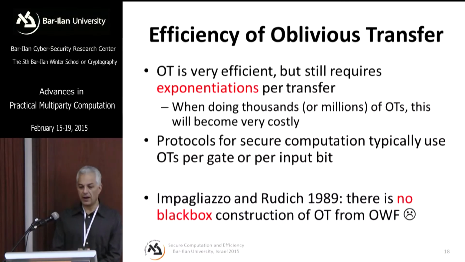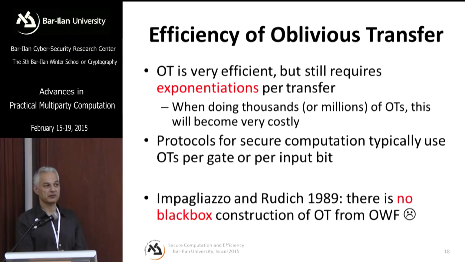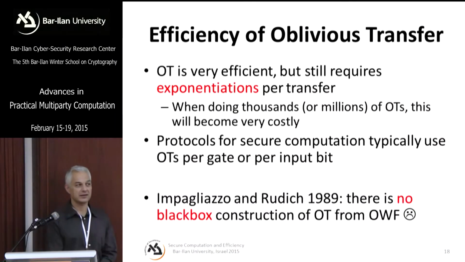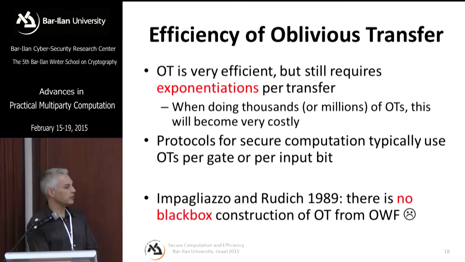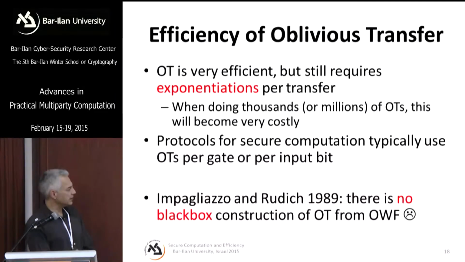And if we run the GMW protocol, we have to do oblivious transfers per gate, so it becomes a real bottleneck.